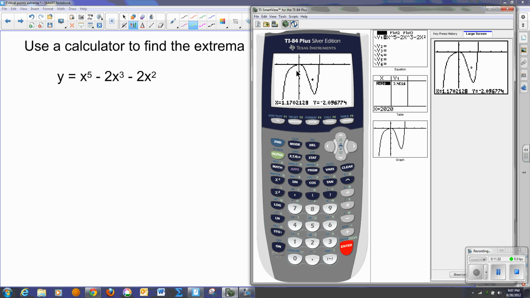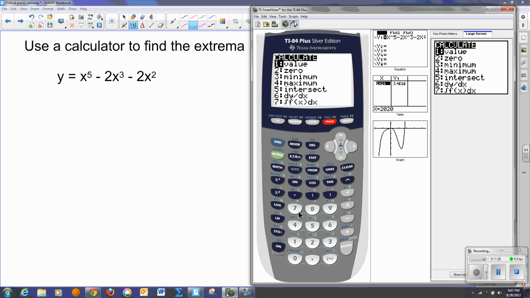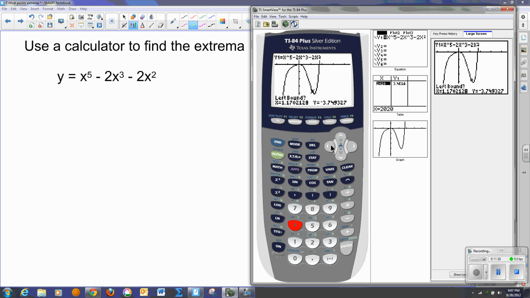So let's find this first. We're going to find the relative maximum. We're going to calculate, once again, the maximum this time, which is 4. It's going to ask me for a left bound, so I need to go to the left of that high point. It's going to be somewhere over here. I'm going to hit enter. And it asks me to go to the right of that point.